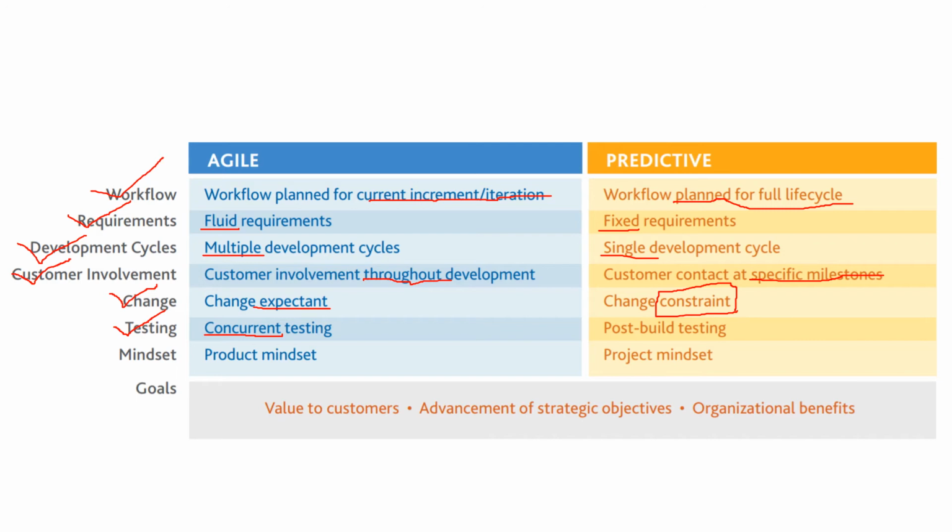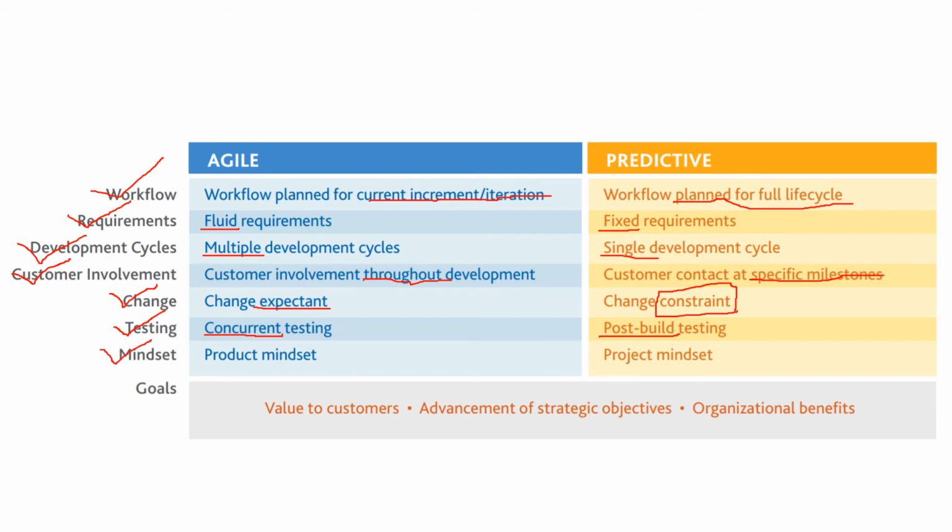But when we talk about predictive or our traditional waterfall model, the testing is done once the build is complete. Once the entire coding phase is complete, that's when we will move into the testing phase and we will perform testing. So no concurrent testing here. You don't test while you're doing the coding in predictive, but that is what we do when we talk about agile.